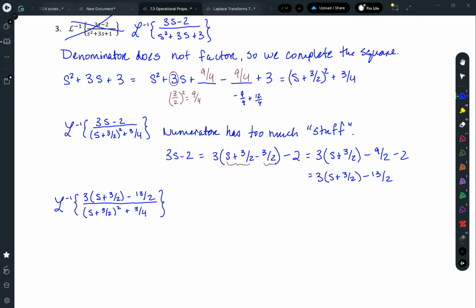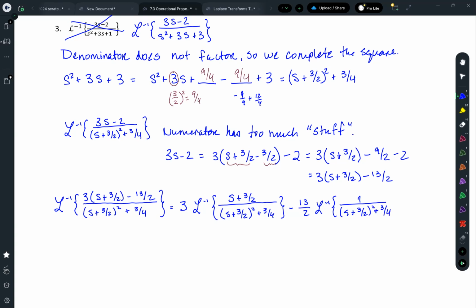Okay, now I can split up the fractions and then see what kind of algebra I have left to do. When I split up the fractions, I'm using linearity of the Laplace inverse transform to rewrite it as 3 times the Laplace inverse of s plus 3 halves all over s plus 3 halves all squared plus 3/4, minus 13 halves times the Laplace inverse of 1 over s plus 3 halves all squared plus 3/4.